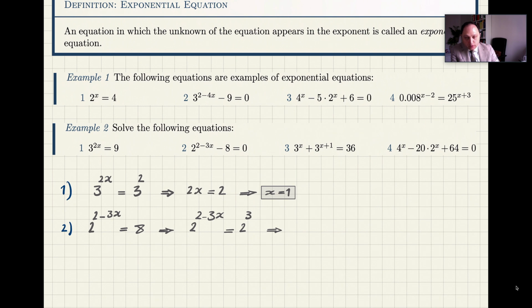I have a power of 2 on the left, I have another power of 2 on the right, and these powers are supposed to be equal. So the exponent of the left-hand side has to be equal to the exponent of the right-hand side. So then I can conclude that 2 minus 3x is equal to 3. And then I have to solve this one.